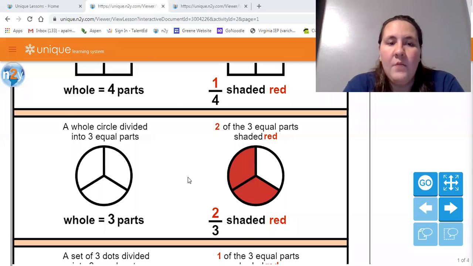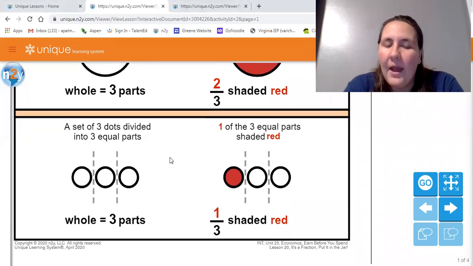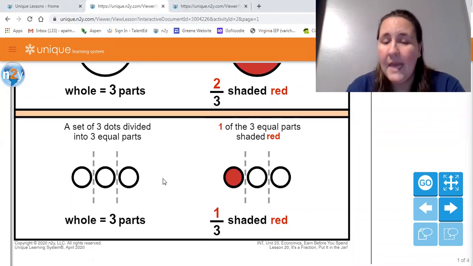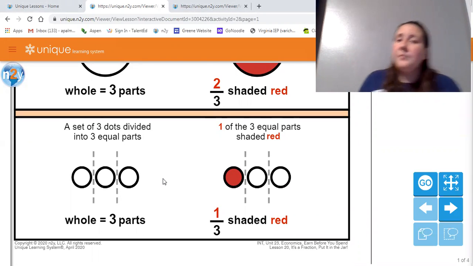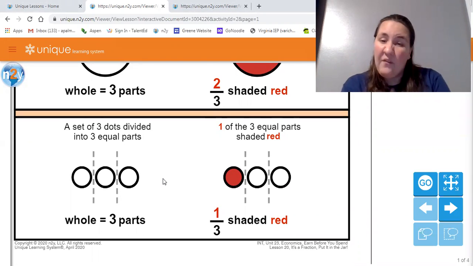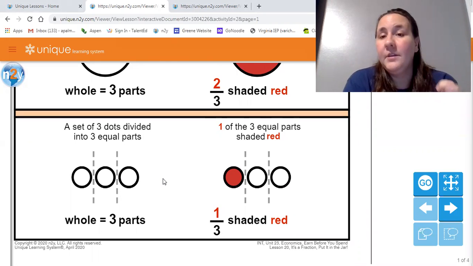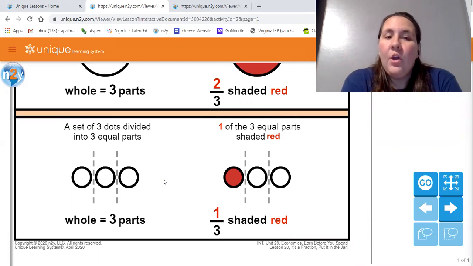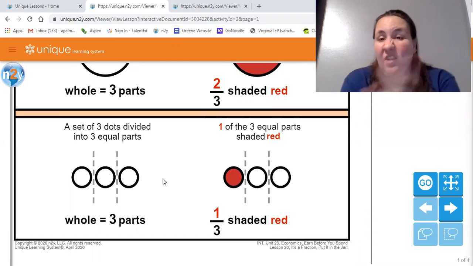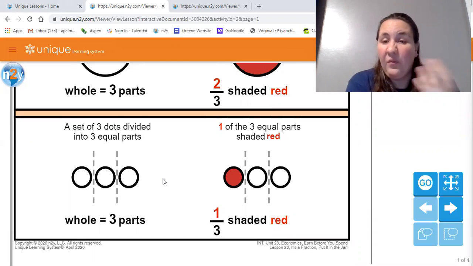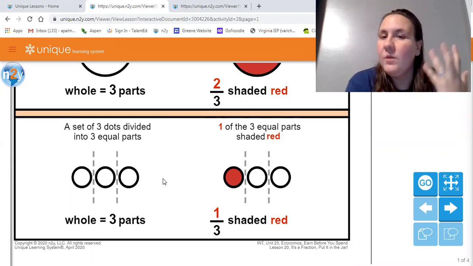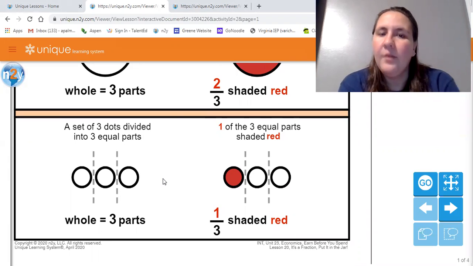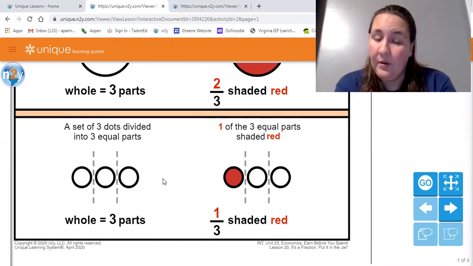All right, let's look at one more example. So this is another way. You might see it as some objects together, and they might be telling you a fraction or a part of those pieces are doing something. So maybe we might have cats and dogs, and we want to know what the fraction of dogs is. We would count how many dogs there are, and then we would count how many animals are all together, okay?